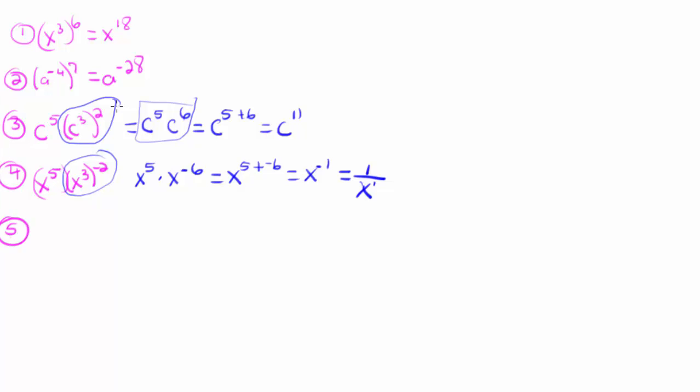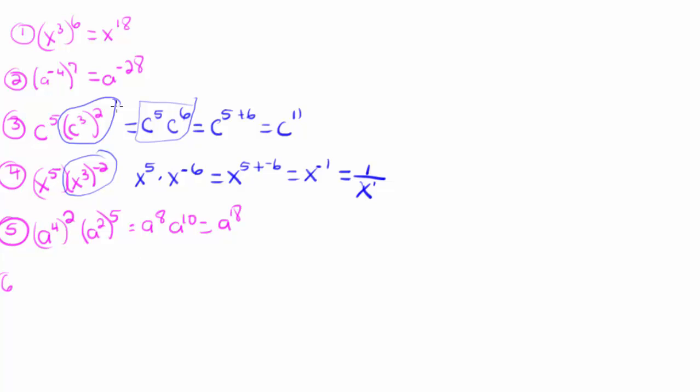So number 5, a to the 4th squared times a squared to the 5th. So now each of them has a power raised to a power. So a to the 8th times a to the 10th, and then you add to get a to the 18th.